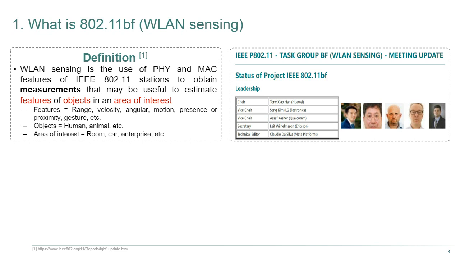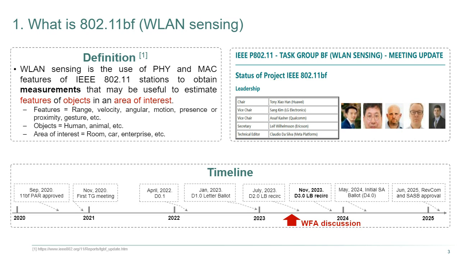That's basically the definition of WLAN sensing, or what our standard is doing. On the right-hand side, it shows the leadership of this standard task group. Right now I'm serving as the chair, and we have our vice chair Sang Kim from LG, our secretary Leif from Ericsson, and our technical editor Claudio from Meta Platforms. At the bottom, we have the timeline of our standard.